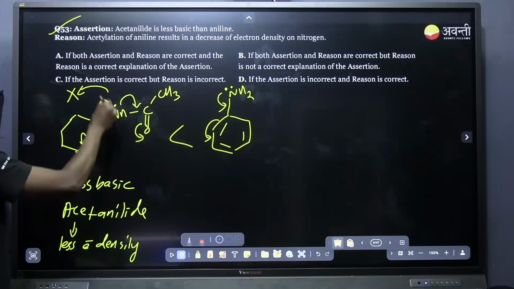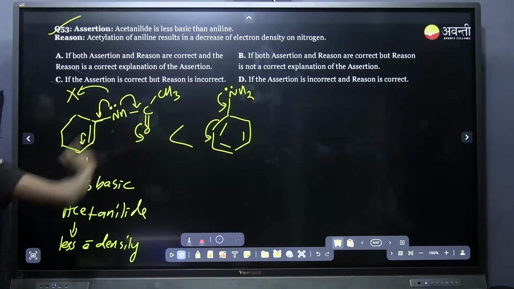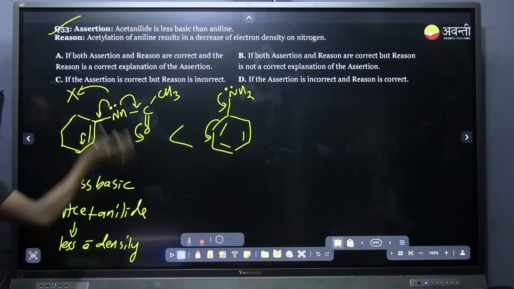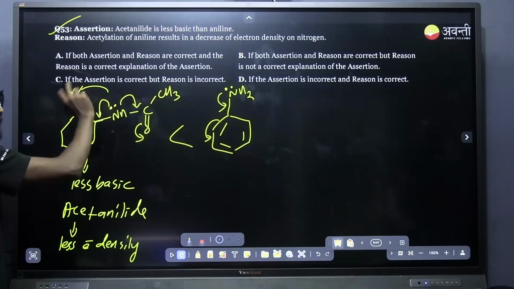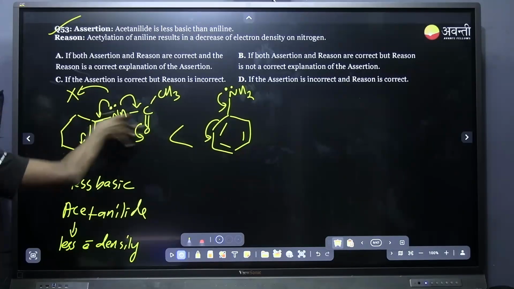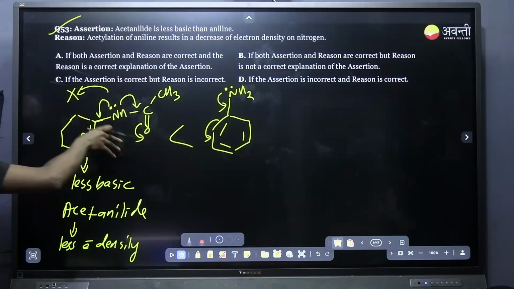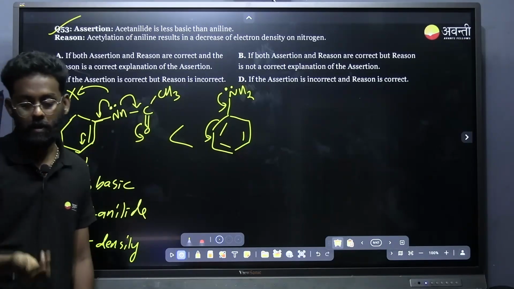Because this lone pair of electrons on the nitrogen is involved in conjugation on both sides. So after acetylation of aniline, the nitrogen lone pair is not available because the electron density has decreased, because it is involved in both conjugations. Because of that, we can say acetanilide is less basic than aniline.